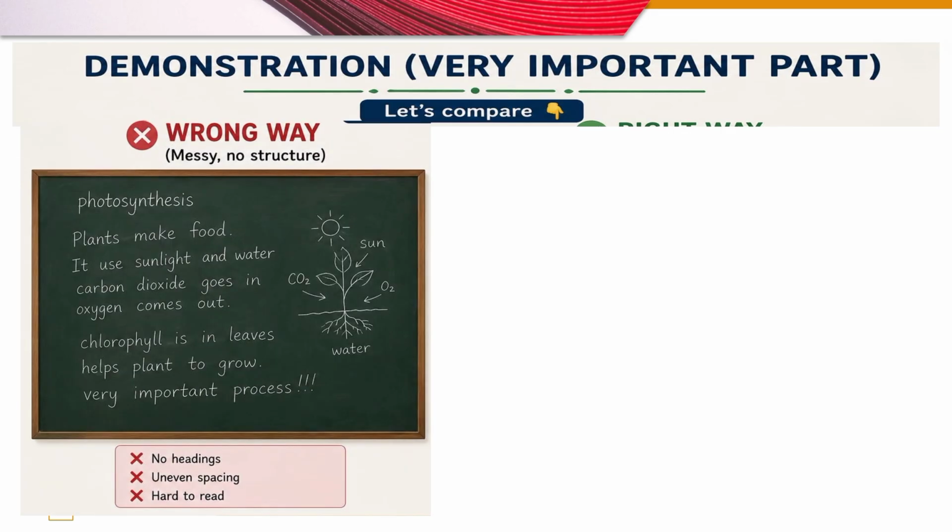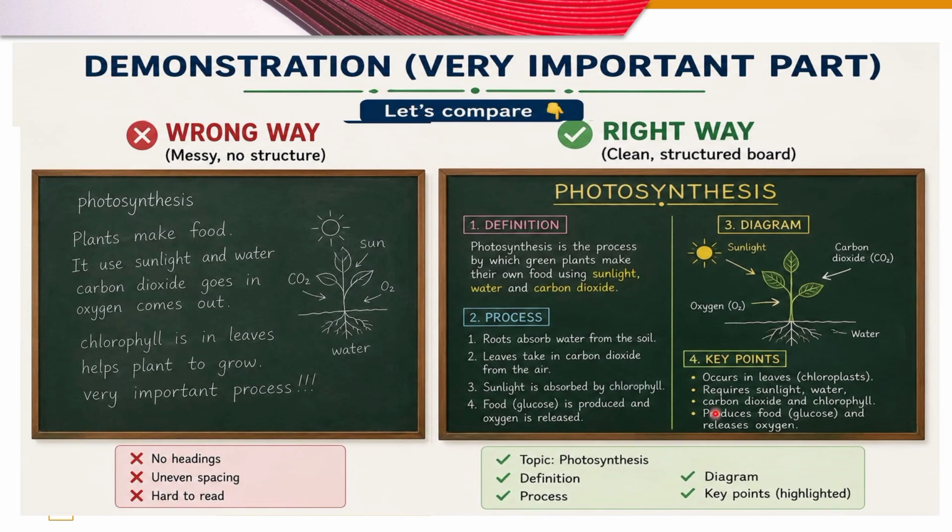Now let's see the demonstration of two blackboard works. Very important part actually. Let's compare. The first one is the wrong way, where it is messy, with no structure, no headings, uneven spacing, and hard to read. Now let's see the right way. A clean, structured board.